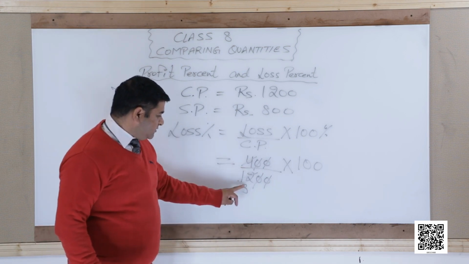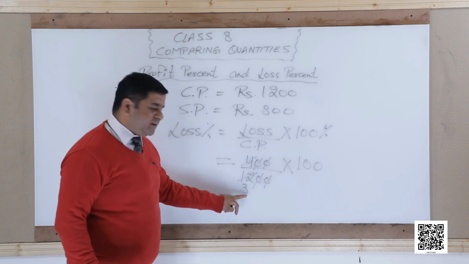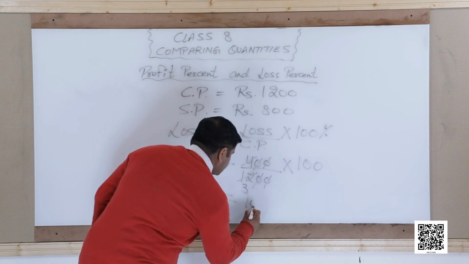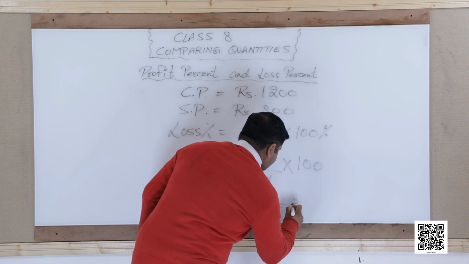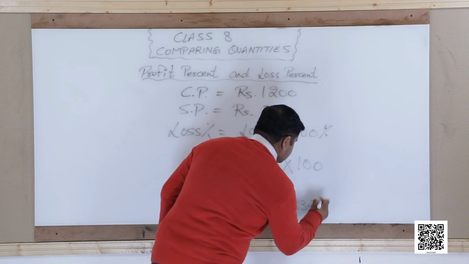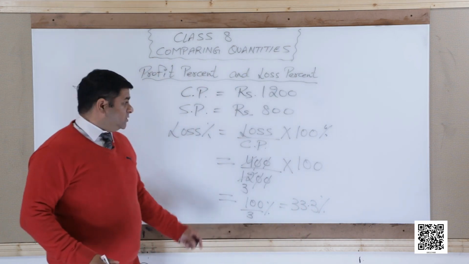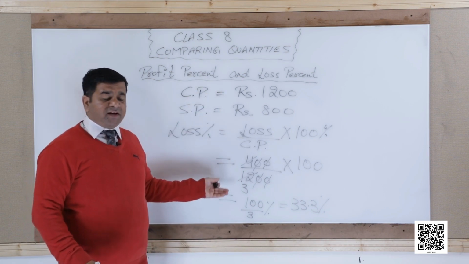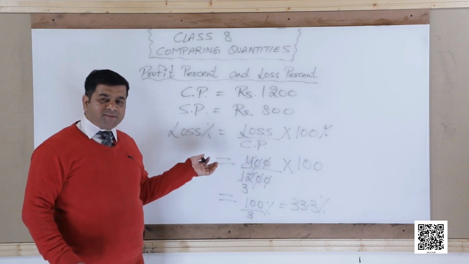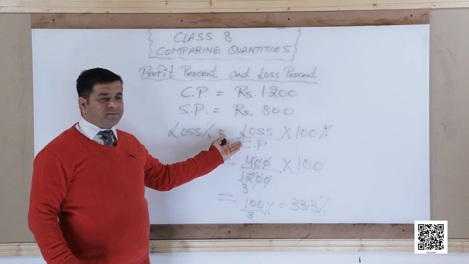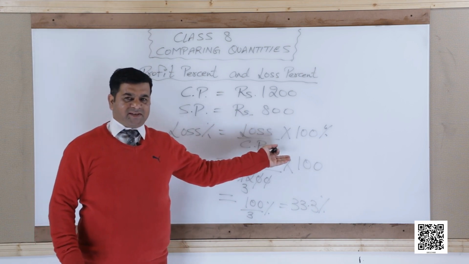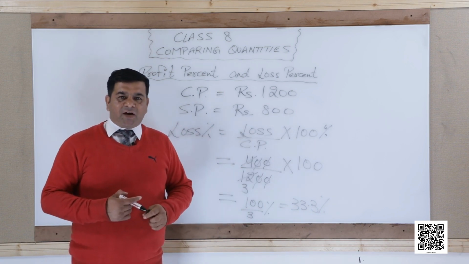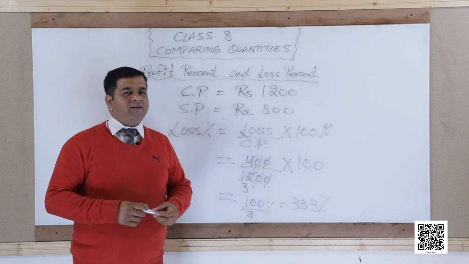So this cancels, we are left with 100 divided by 3%, that is 33.3% approximately. So see students, this way we find out the loss percent. This is the formula for loss percent, loss upon CP multiplied by 100%. I hope now you are clear with profit and loss percent.